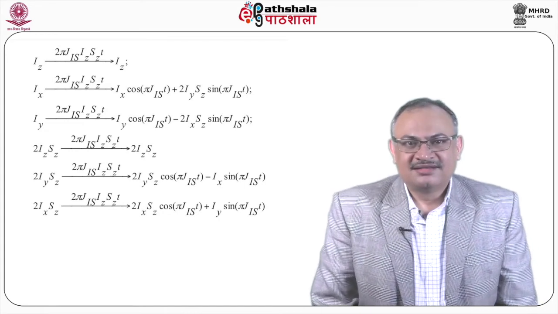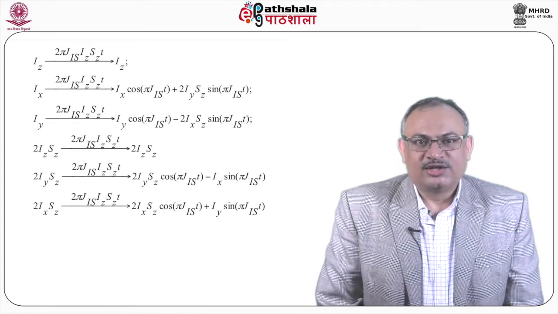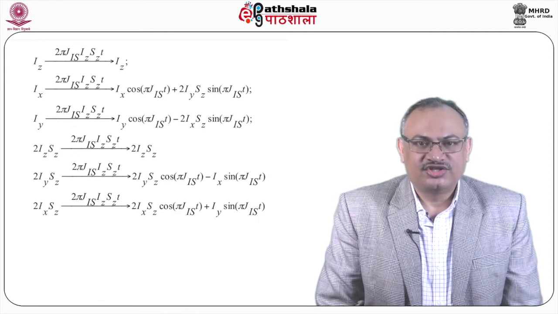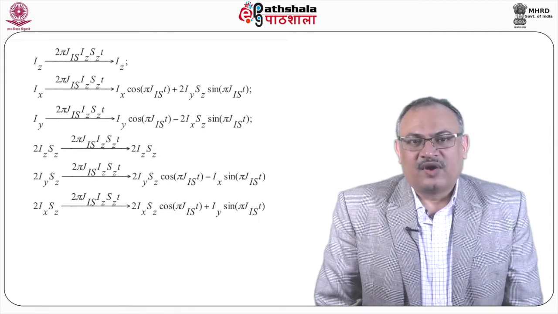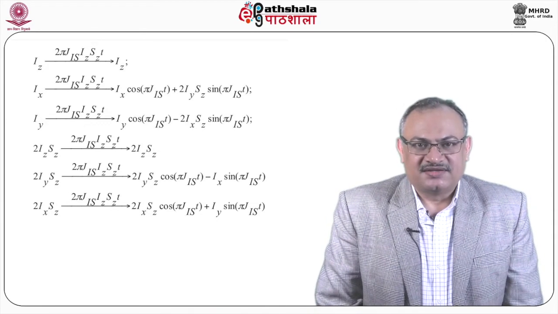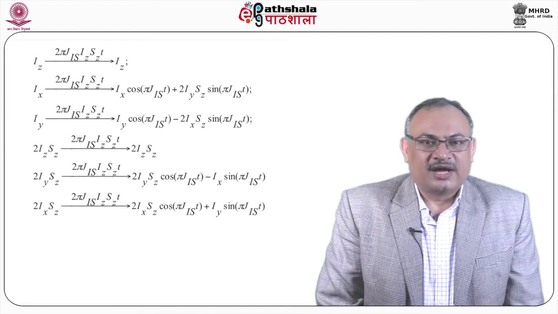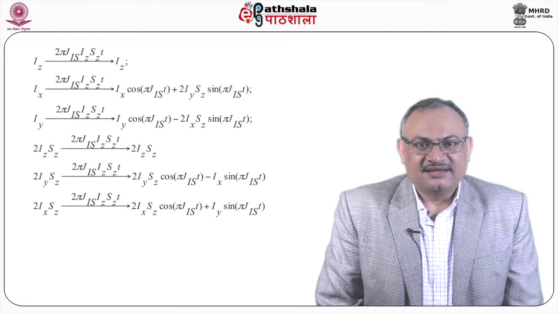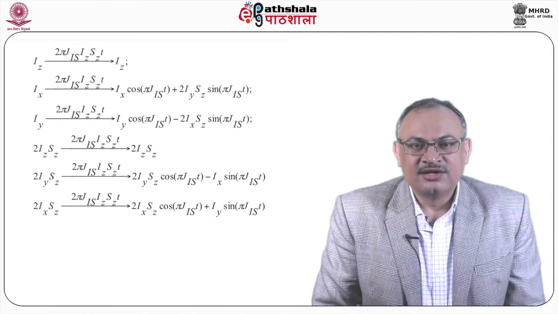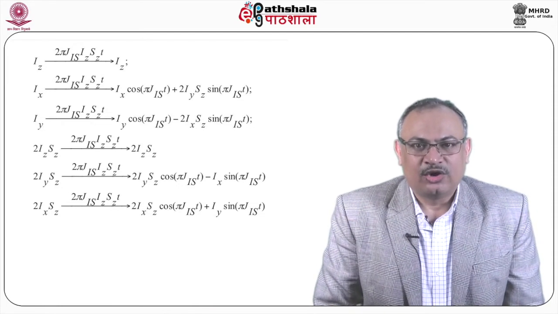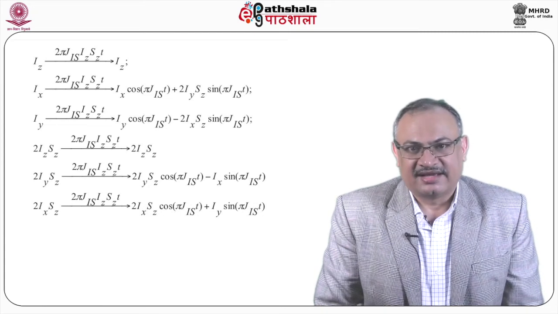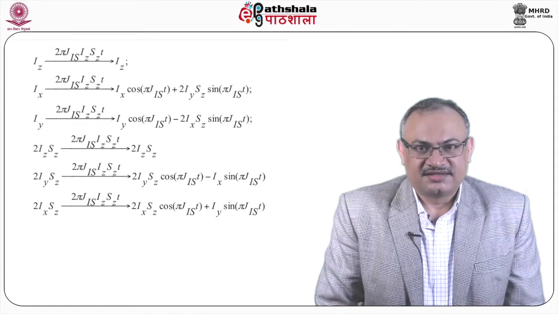Now, there are the two-spin terms like 2IzSz, and this term does not change under a coupling Hamiltonian. It remains as 2IzSz. You have 2IySz, and when this coupling Hamiltonian is applied, then you get 2IySz cos(pi J_IS t) minus Ix sin(pi J_IS t).